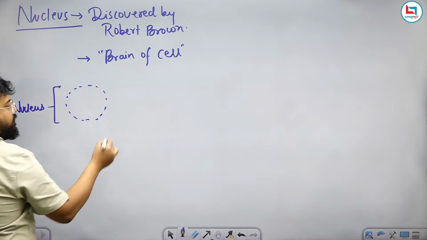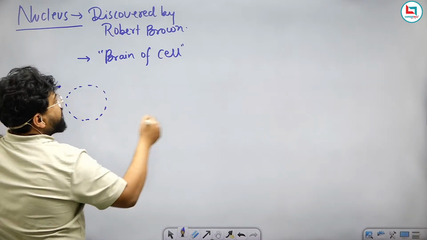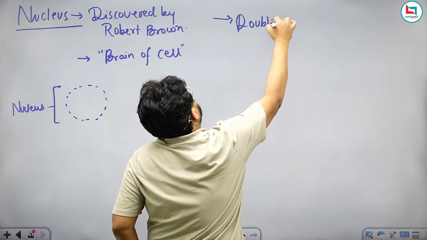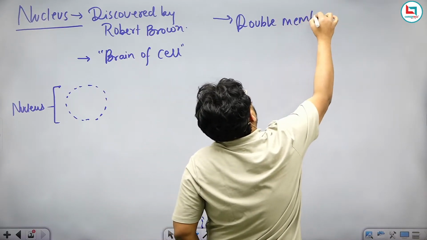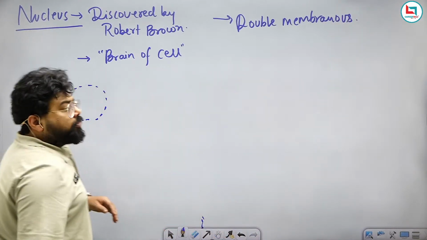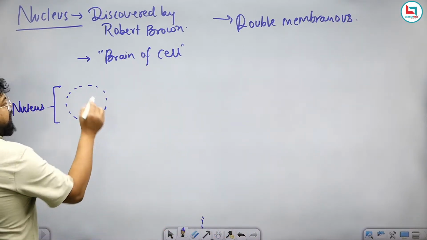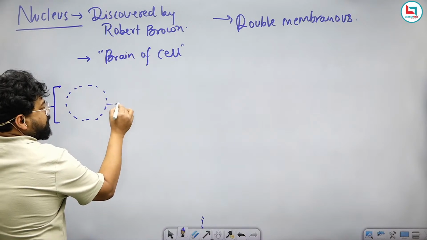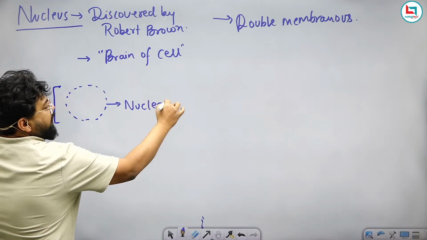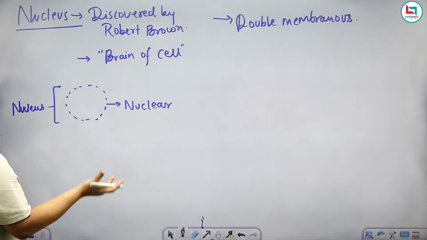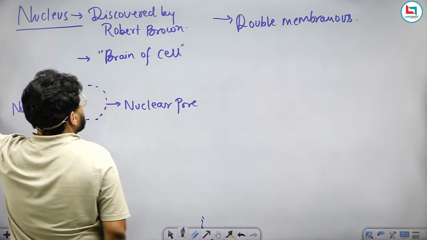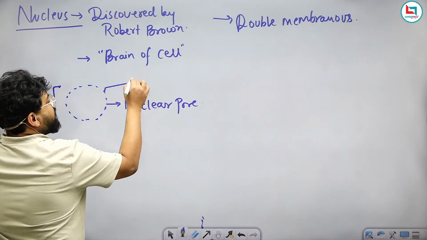It has a double membranous structure, just like chloroplast and mitochondria. Its membrane shows the presence of some pores. These pores are known as nuclear pores, through which any molecule comes and goes inside or outside the nucleus. This is the nuclear membrane.